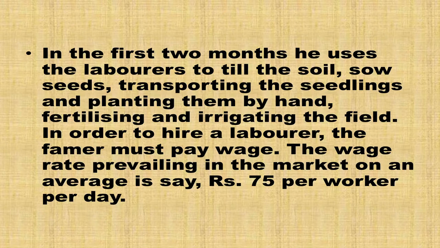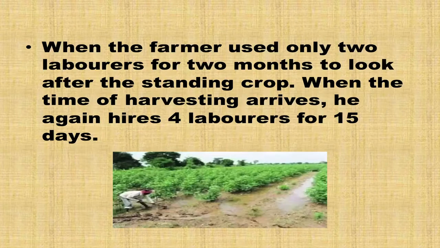The wage rate prevailing in the market on an average is say rupees 75 per worker per day. When the farmer used only 2 laborers for 2 months to look after the standing crop, then the time of harvesting arrives, he again hires 4 laborers for 15 days. What is the total amount paid to the laborers by the farmer?